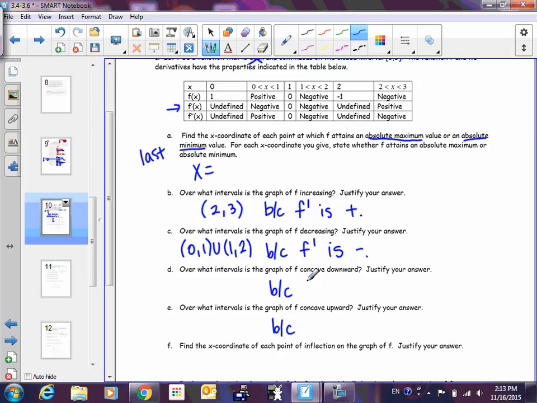Okay, D, concave. That's telling me, let's start thinking about the second derivative. So concave down would be the second derivative is negative. Now we're not going to look in that row, we're going to look in the last row. So where is the second derivative negative? 1 to 2 and also 2 to 3.